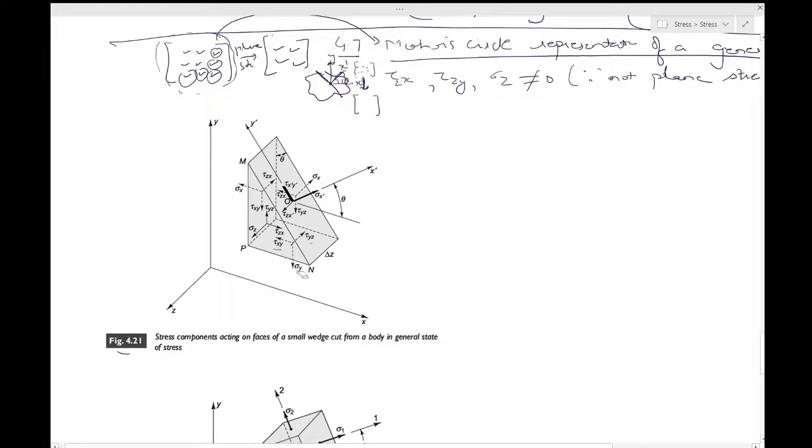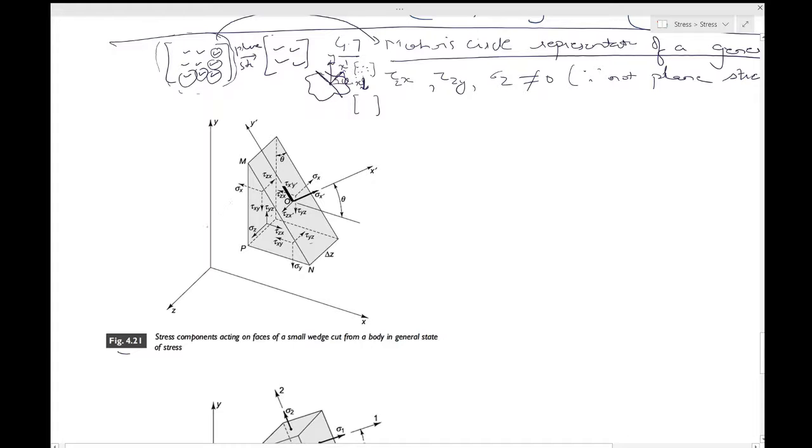Let's now look at the plane PM and PN, meaning this front face. So you have sigma z, correct, then you have tau zx and tau zy, so this is correct.